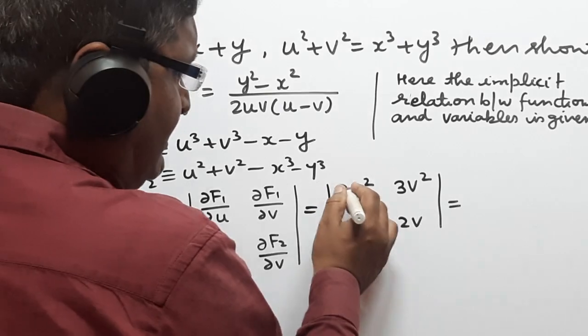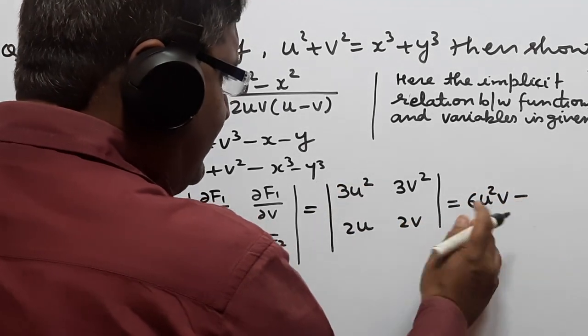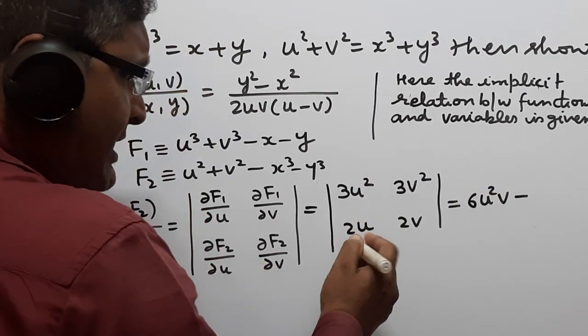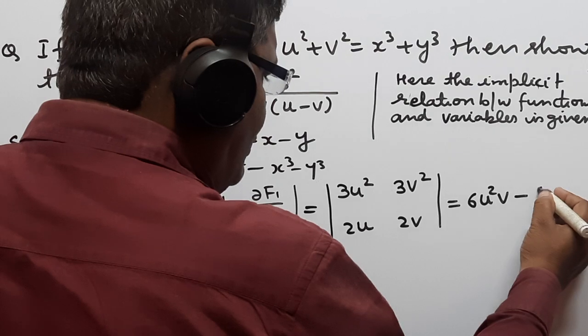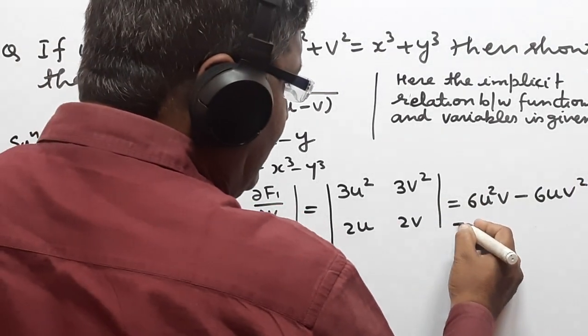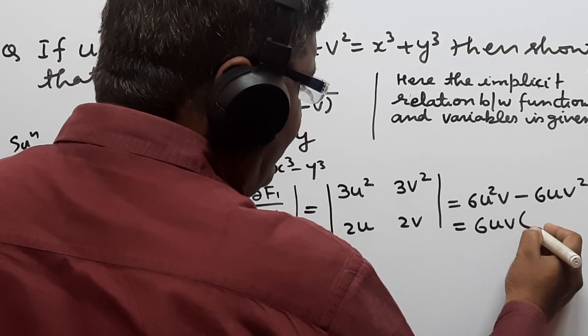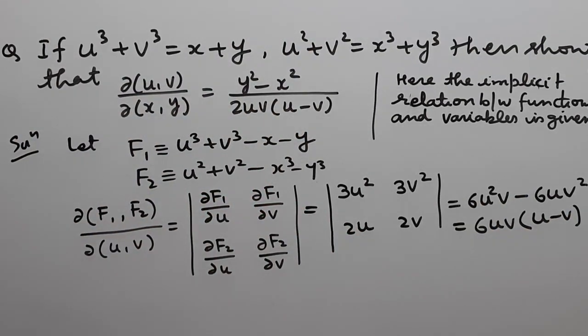Now we multiply 3u square by 2v, we get 6u square v, minus 3v square multiplied by 2u, which is 6uv square. Now taking 6uv common, we get u minus v. So first we have found the Jacobian of f1, f2 with respect to u, v.